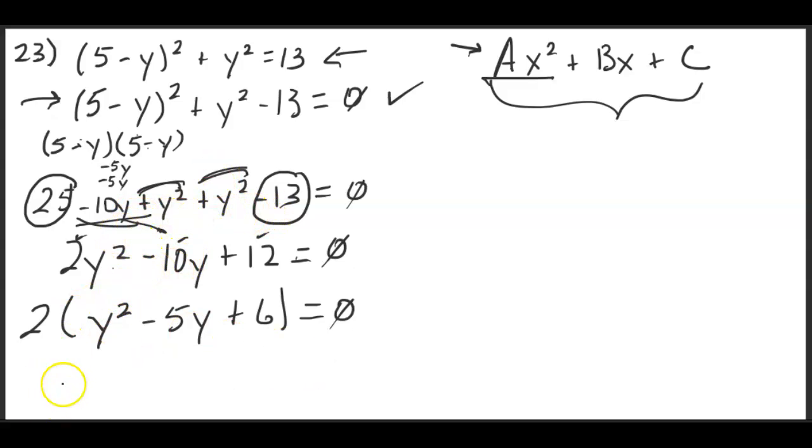And now I'm down here where I can factor and solve. And so I'm going to leave it at this point for you to do. Factor the trinomial into the two binomials and get your answer. The 2, we can ignore it because 2 doesn't equal 0. Right? 2 doesn't equal 0. But one of these binomials at least does equal 0.